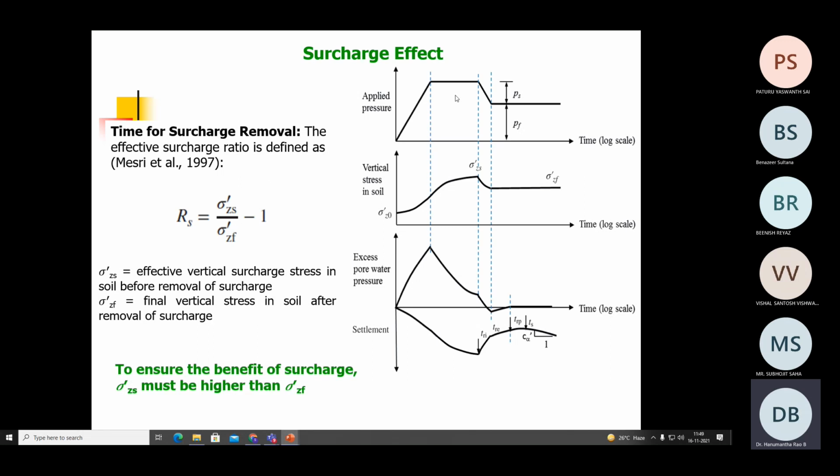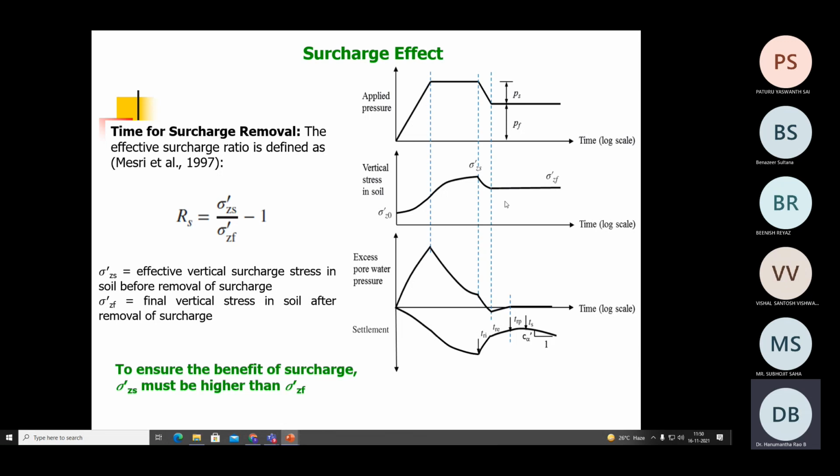So when these are the loading conditions, what would happen to the vertical stress in the soil? Initially, when there was no surcharge, there is an initial stress of sigma dash z0. When you put the surcharge, as you keep increasing the surcharge load, the stress also increases. But upon removal of the load, there is a reduction in the stress in the soil.